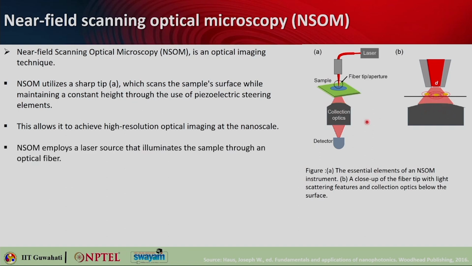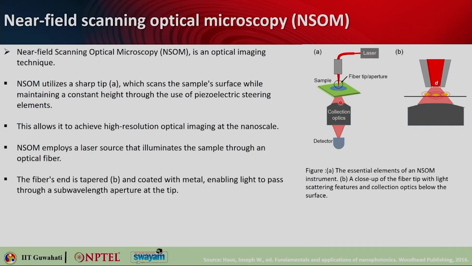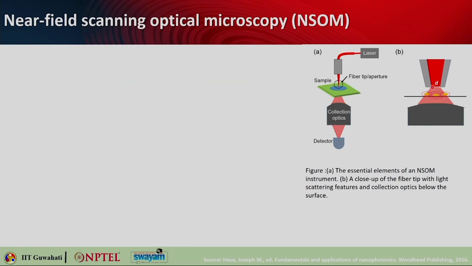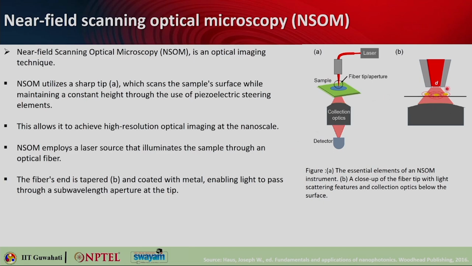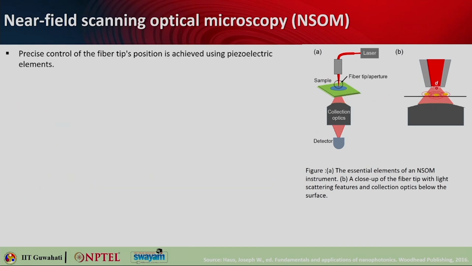Okay. So, NSOM employs a laser source, as you can see, and that illuminates the sample through an optical fiber, and the fiber tip is basically tapered, as you can see here, and it is coated with metal that enables the light to pass through a sub wavelength aperture like this, okay, and that is happening at the tip.